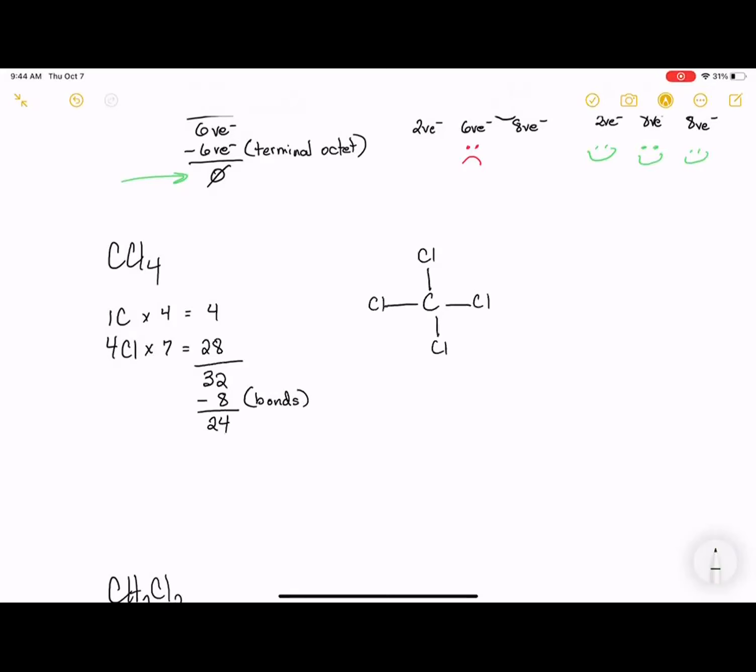Once you've drawn single bonds between all of the atoms, you distribute the remaining electrons to the terminal atoms. In order for chlorine to get an octet, it needed 6 more because it already had 2 in the bond. That is true for each of our chlorine atoms. For the chlorines to have an octet, they need 6 additional electrons.